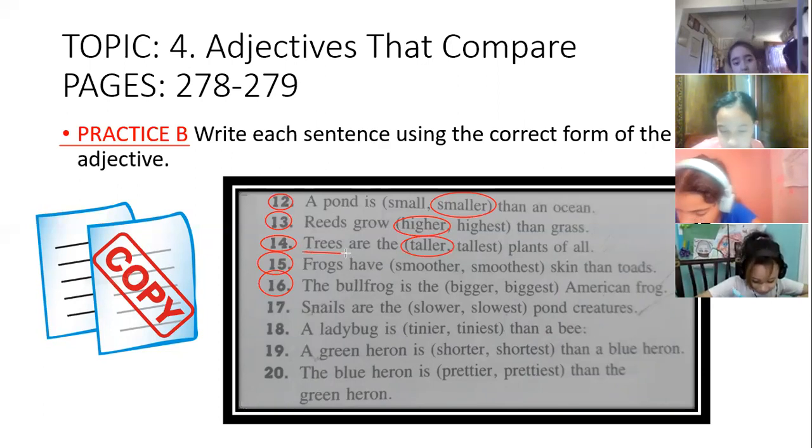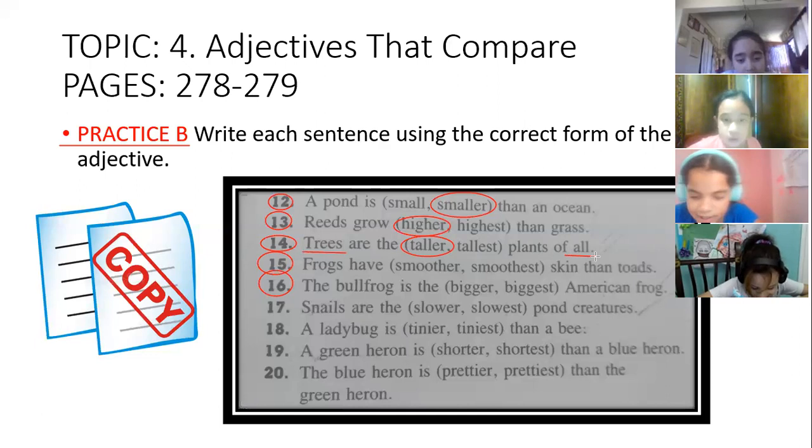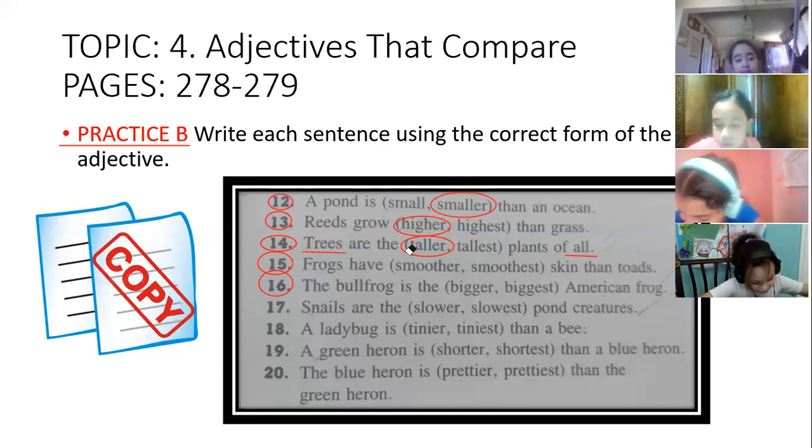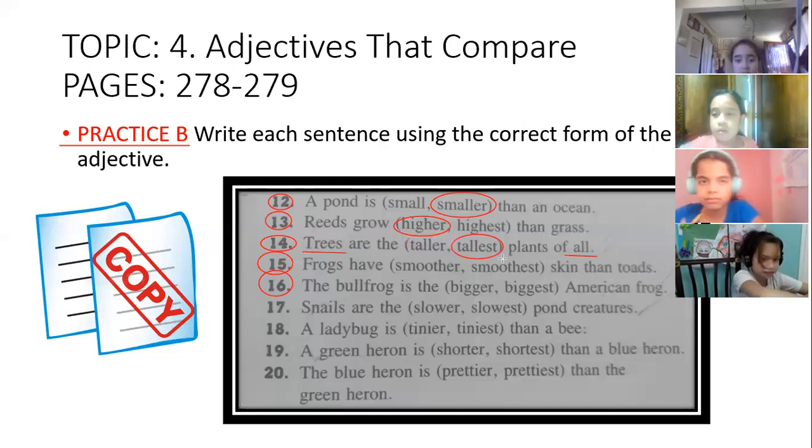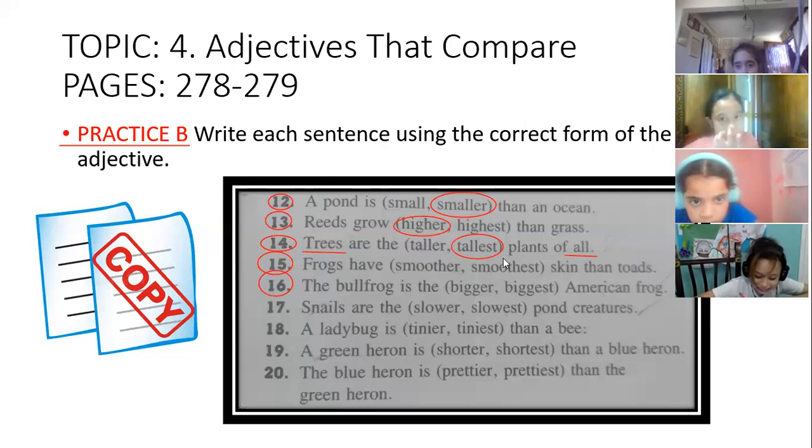Trees with the rest of the plants. So this one is a superlative comparison. It's tallest. Trees are the tallest plants of all. So the trees are being compared with the rest of the plants. It is a superlative.